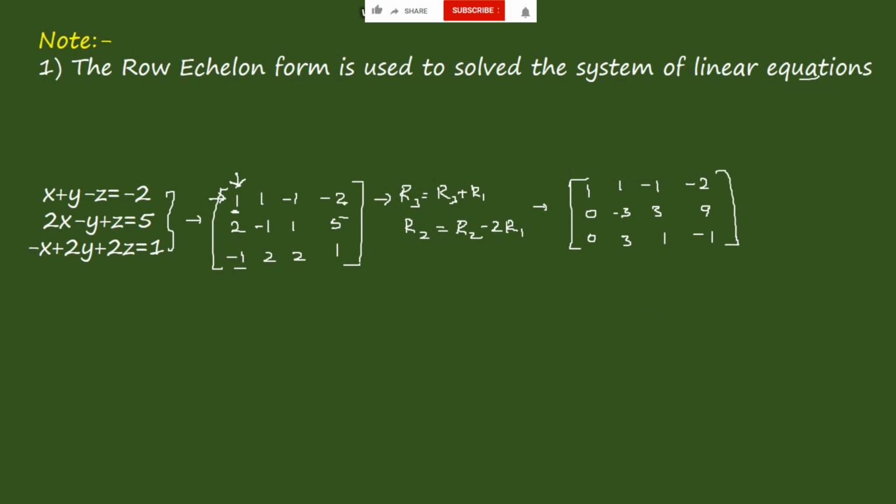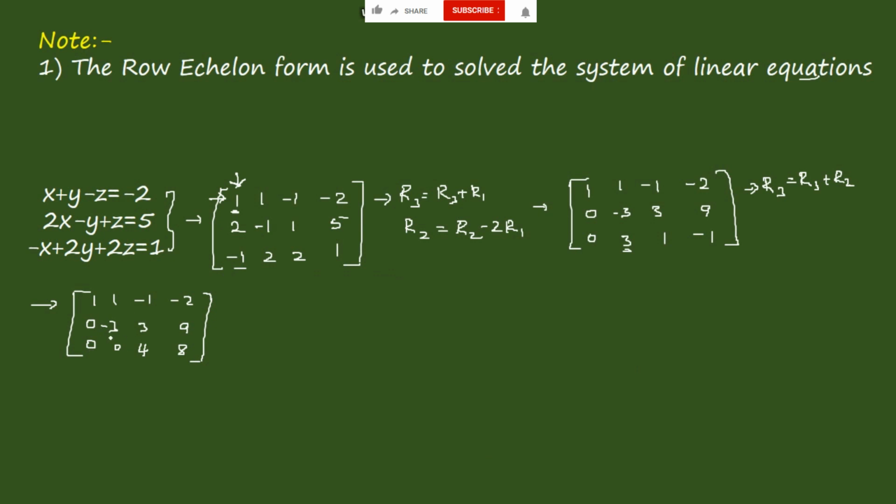We got it. Now, to make this particular value 0, what we do is R3 equals R3 plus R2. Then we get the matrix 1, 1, minus 1, minus 2. And this is 0, minus 3, 3 and 9. And this is 0, 0. Now this one is 4. This is 8. Right. Now here one leading one is there. Below it is 0.